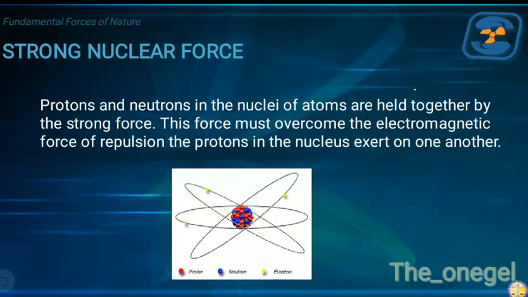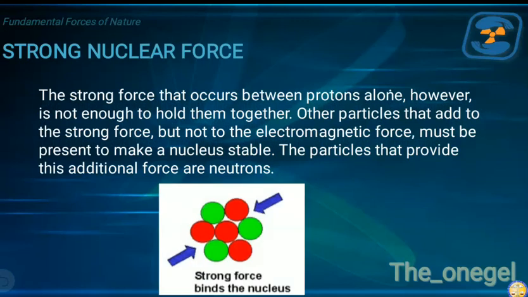So inside the nucleus of an atom, we have the protons, and they are positively charged. So there is a tendency for electrostatic repulsion, but thanks to the strong nuclear force, they are held together inside the nucleus, which is not easily breakable, that's why it's called strong.